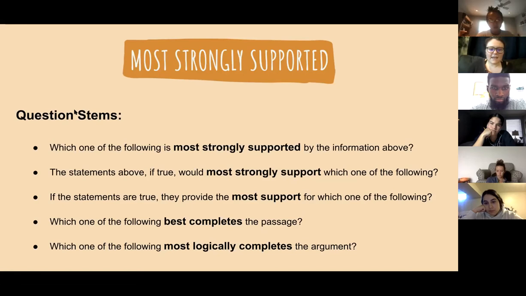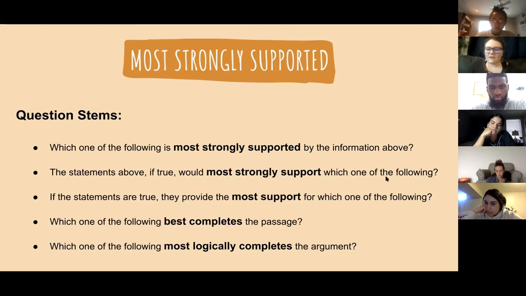Or it might say which of the following best completes, versus if it was a must be true, it would just say which of the following completes the passage. Or for this last one, most strongly supported would say most logically completes, which must be true would just say logically completes.